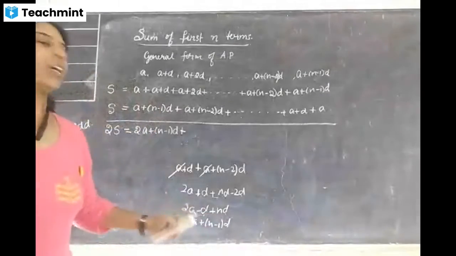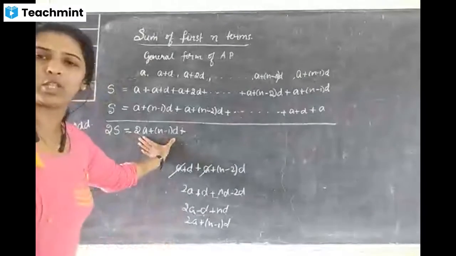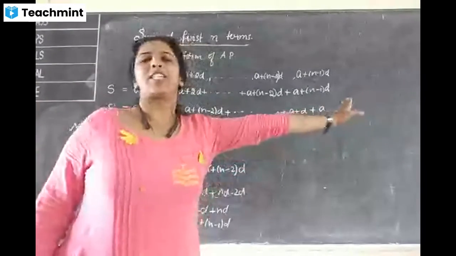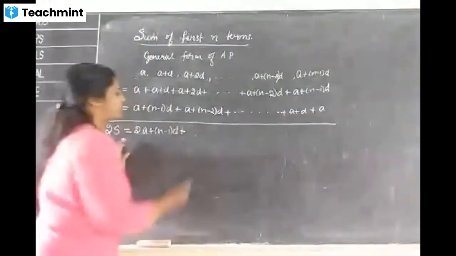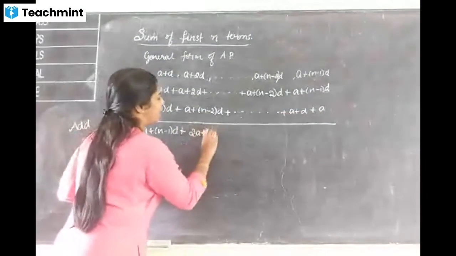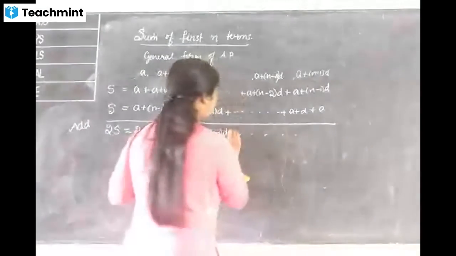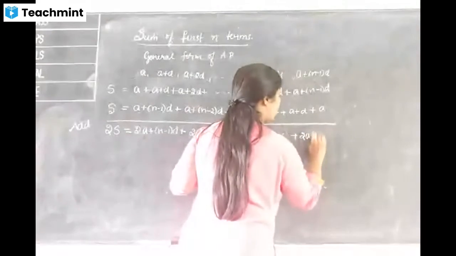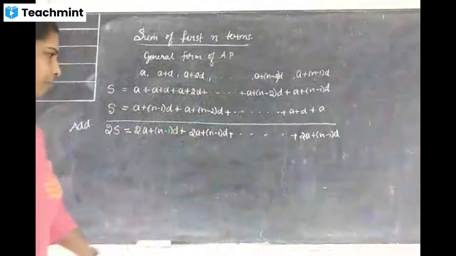So the same term will come everywhere. Everywhere we will get 2a plus n minus 1 into d, till the end. At last also we get the same.